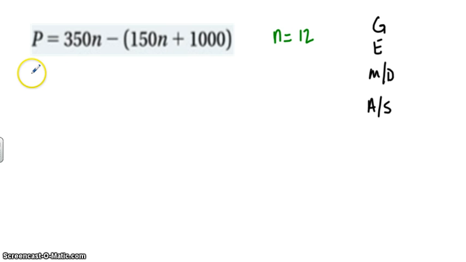Okay, so first thing we're going to do is rewrite the expression substituting 12 for n. So 350 times 12 minus, in parentheses, 150 times 12 plus 1,000, close parentheses.